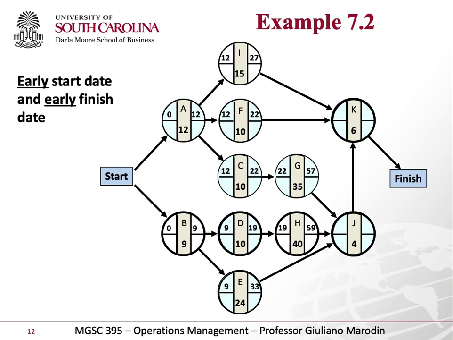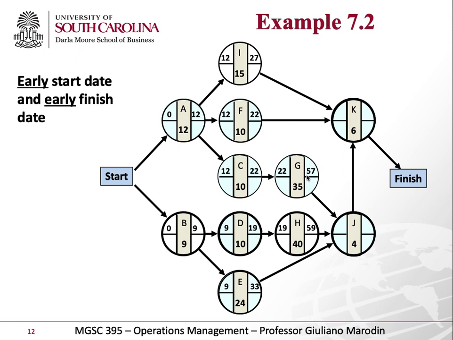And then come the ones that are a little bit more tricky, right? I have J here in the bottom, and I want to know the earliest I can start J. Think about that. Can I start J on week 33? Yes or no? No, right? Because H is not finished and G is not finished.